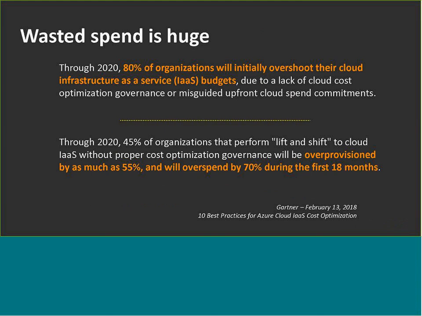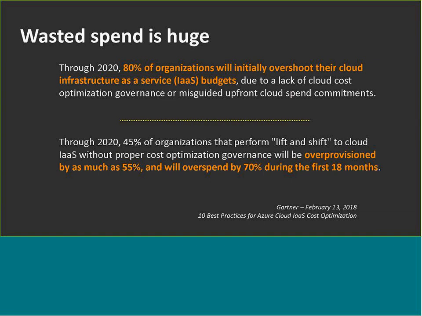As investment and budget is being shifted from traditional on-prem infrastructure to cloud, companies clearly have a lot to learn. Gartner anticipates that about 80% of organizations will have budget overruns. This is due to lack of governance, or let's say a lack of insight into their cloud spend.